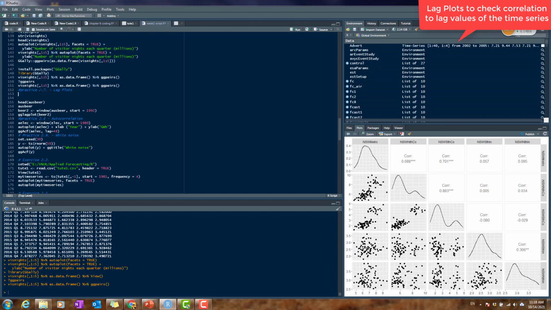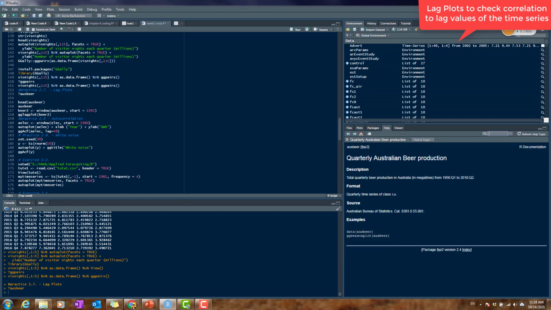So first of all, I want you guys to see the US beer data, and let's see what exactly it is. That's quarterly Australian beer production in megalitres from 1956 quarter 1 to 2010.